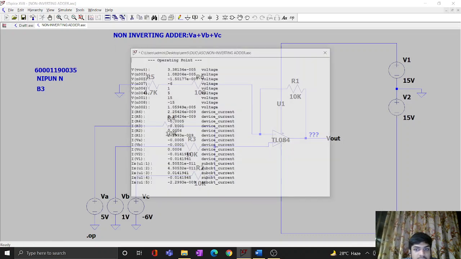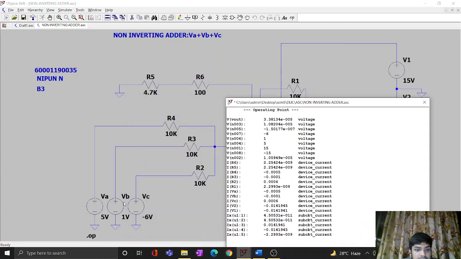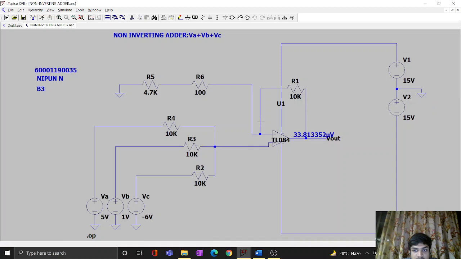I'll run this, and as I have given VA, VB, VC as 5, 1 and minus 6, theoretically the value should be 0, and hence in V out we can see it is 33.81 microvolts, that is near to 0.